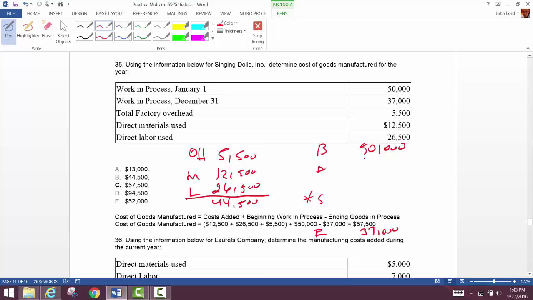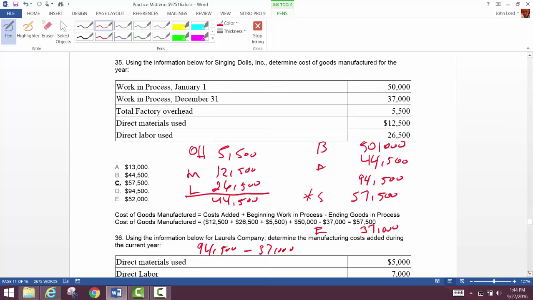Okay, good. So we add that over here, 44,500. And that brings us to what, 94,500 is the subtotal? Right? Then we do our extra little calculation over here, 94,500 minus the 37,000 ending balance gives me 57,500. Okay, good. You guys should be good at these, right?